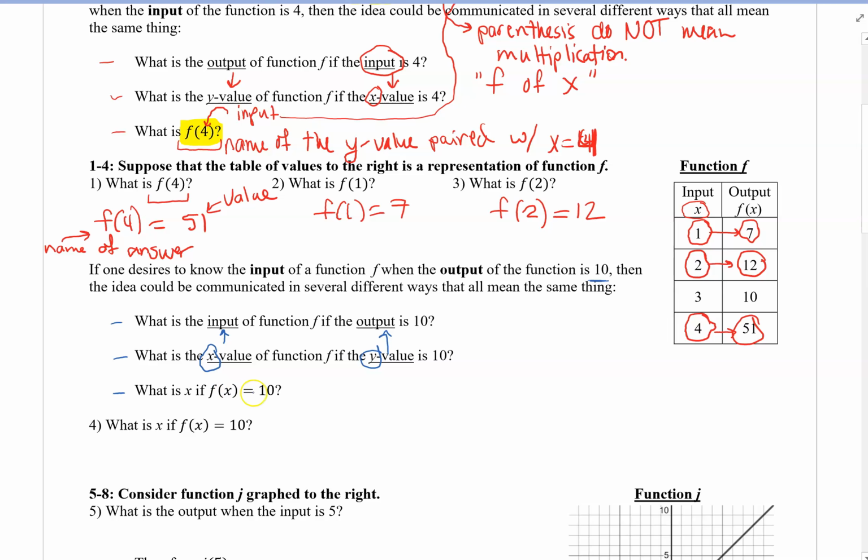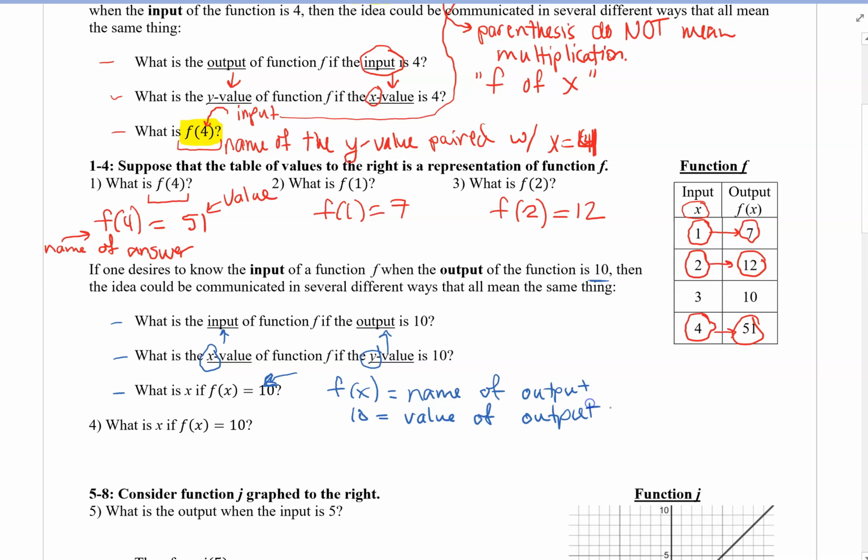Now, when we're in a function notation context, which is what we're focusing on today, it would look something like this, where the value is the value of f of x. It comes after the equal sign. So what is x if f of x equals 10? So f of x is the name of the output, and then 10 would be the value of the output.